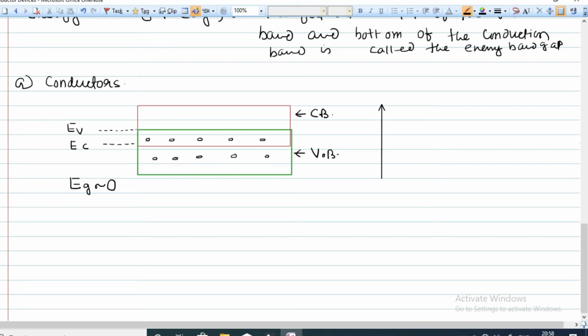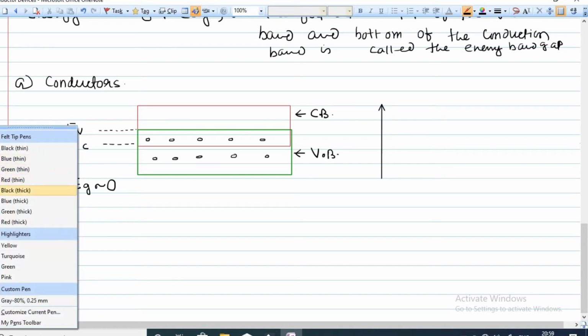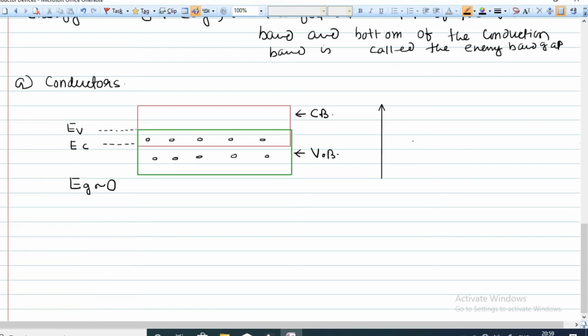This is showing you the variation of the energy from valence band to conduction band. So in this direction, the energy levels of the electrons are increasing. In the case of conductors, the conduction band and the valence band both are overlapping.